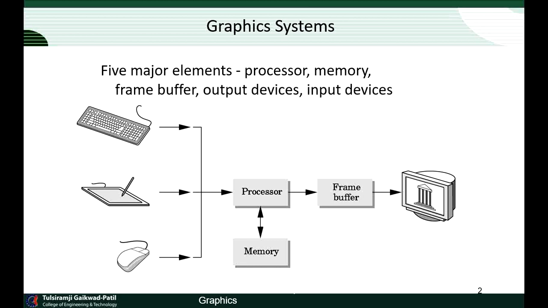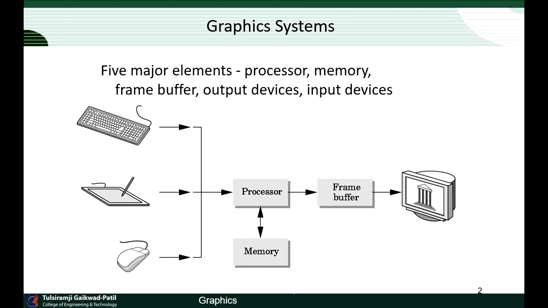The input devices give input to the intermediate system, that is the processor, memory and frame buffer. Both make an intermediate system, and that intermediate system gives input to the output devices, and according to that input, the output will be displayed or represented on the screen.